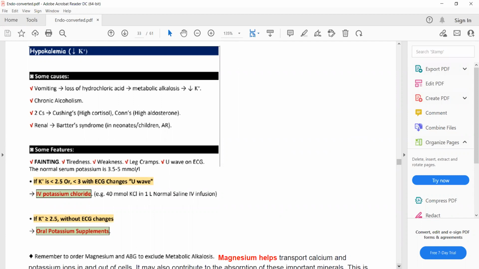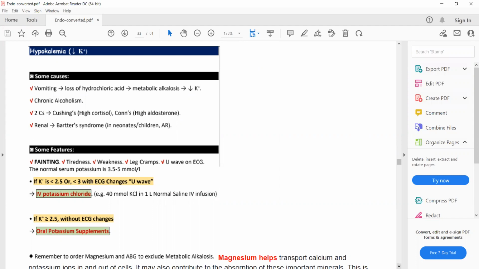Yes, that's right. So, one word answer: how does DKA cause hypokalemia? Osmotic diuresis. Excellent. So endocrine causes of hypokalemia include Conn's and DKA.